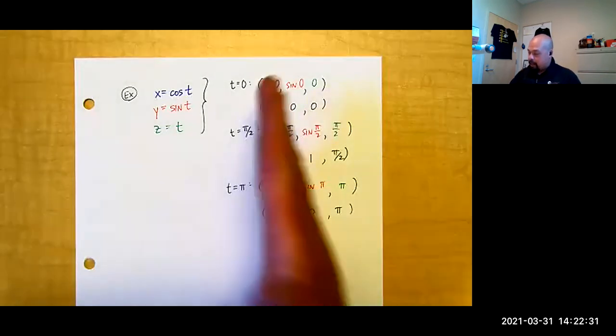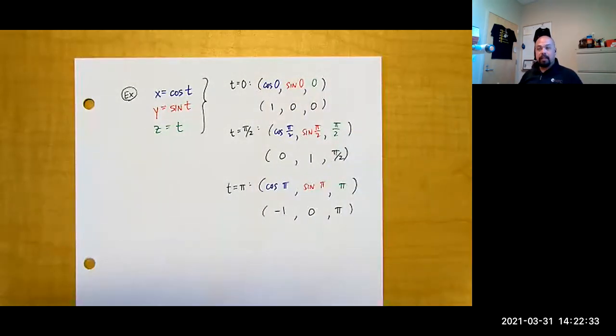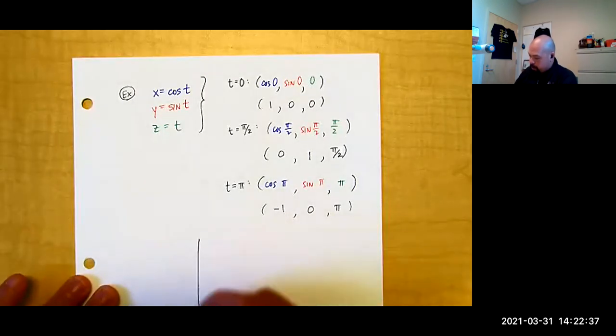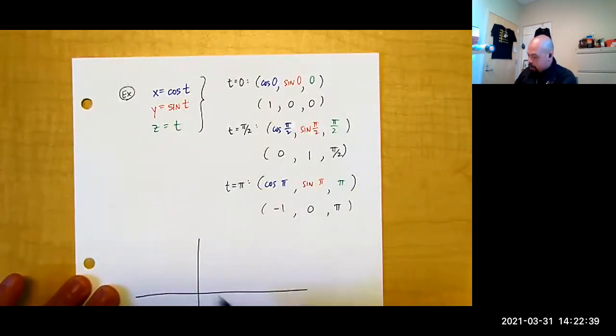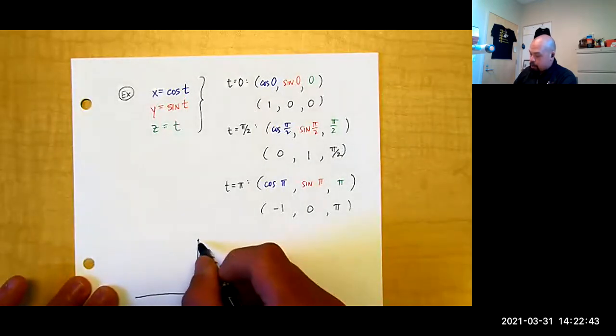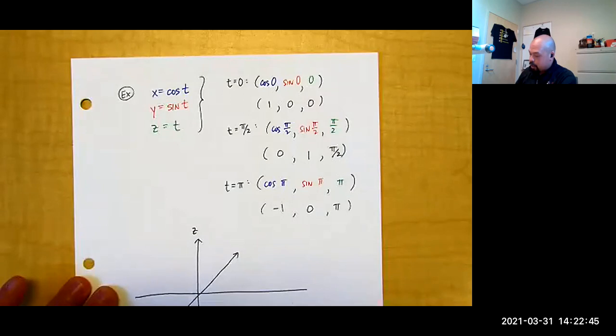So we're getting these x, y, z coordinates for all these different values of t. We can go negative values for t as well. But when I start to put that on a graph, and we can do this on our graphing tool as well in just a second, I'll show.